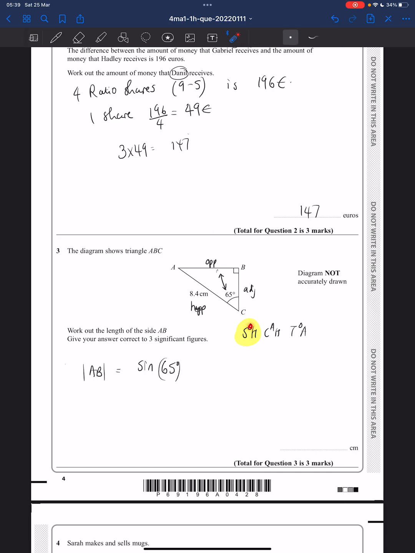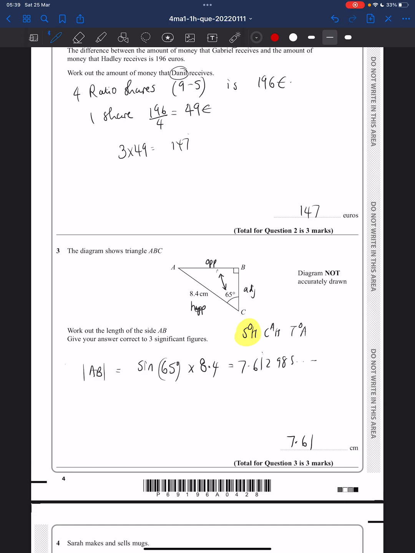Remember, we want the opposite, so it's sine of the angle times the hypotenuse, times 8.4. Okay, so make sure your calculator's set to degrees. Sine 65 times 8.4 equals 7.6. So three significant figures, 7.61.